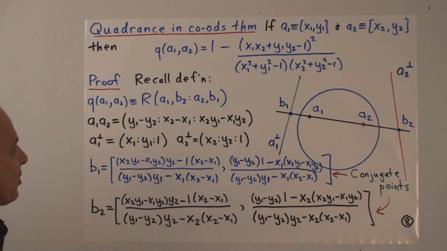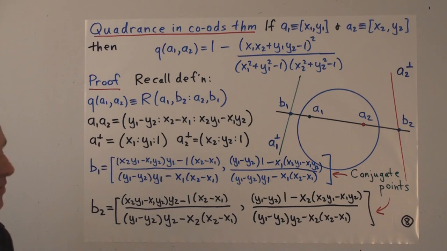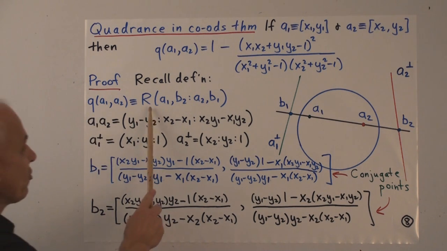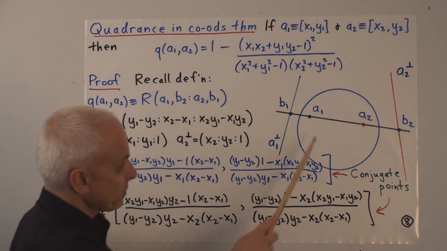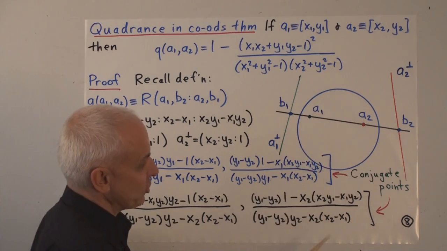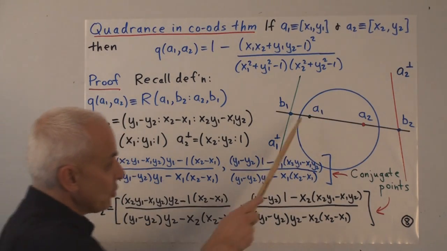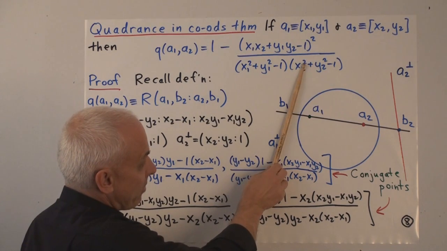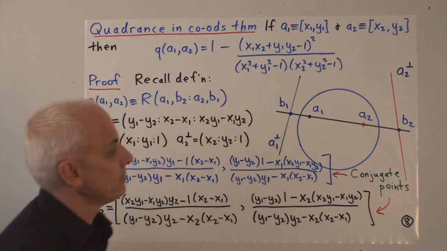Okay, so we need to recall some basic things. First of all, the definition of quadrance that we've so far adopted is as a cross ratio of 4 points. Which 4 points? Well, let's say here's A1 and here's A2. There's the line A1 A2. The dual of A1 is some line A1 perp. The dual of A2 is some other line A2 perp.